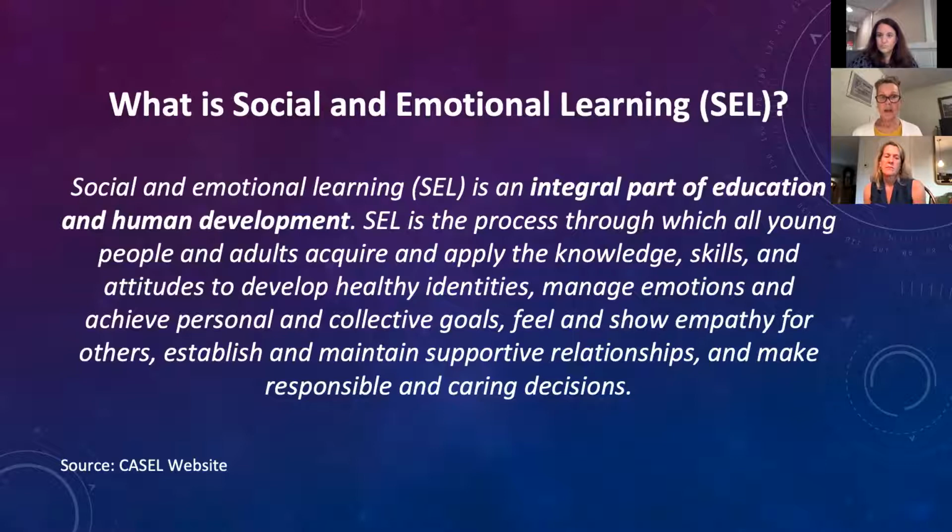It's a process through which all people, young and old, acquire knowledge, skills, and attitudes about developing their identity, managing emotions, achieving personal and collective goals, feeling and showing empathy, establishing and maintaining supportive relationships, and making responsible and caring decisions.